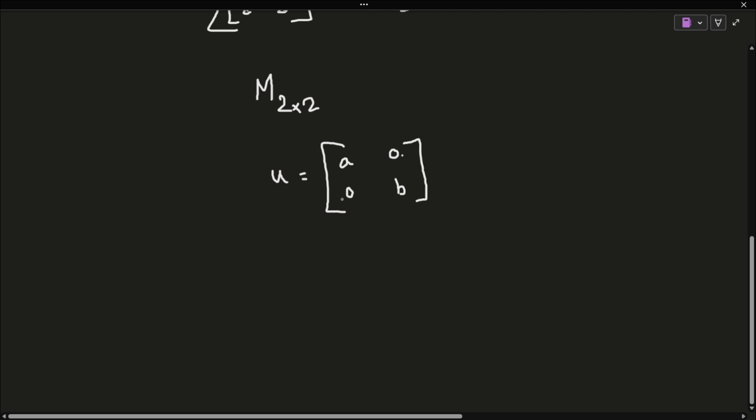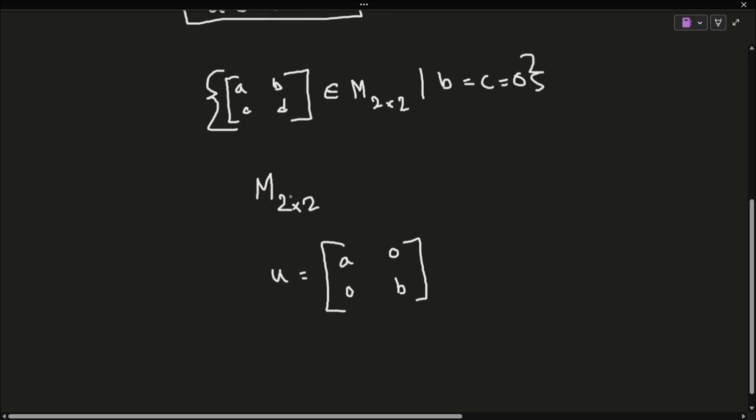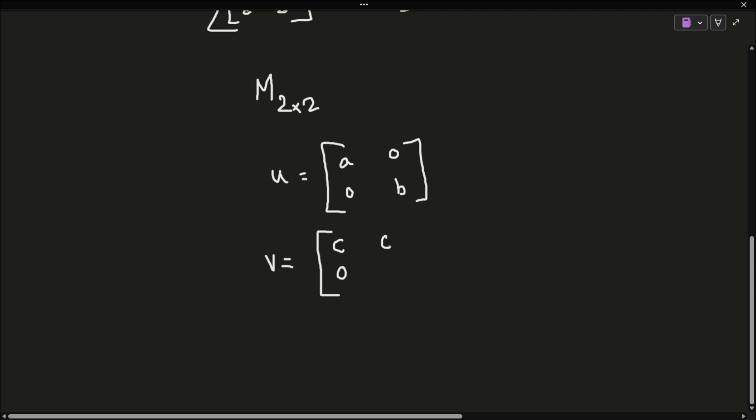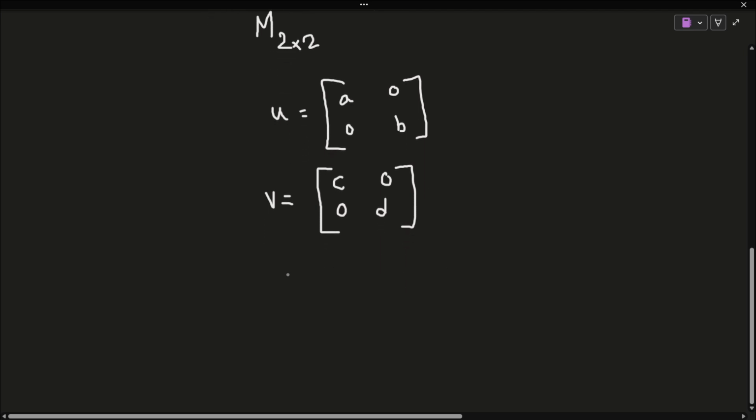So these two have to be 0 as per our definition of S. And then we also have V, another matrix, with C and D in the top left and bottom right. If we add these two as per simple matrix addition, and I have to use the normal plus here because they're not vectors, we'll get A plus C, 0, 0, B plus D.